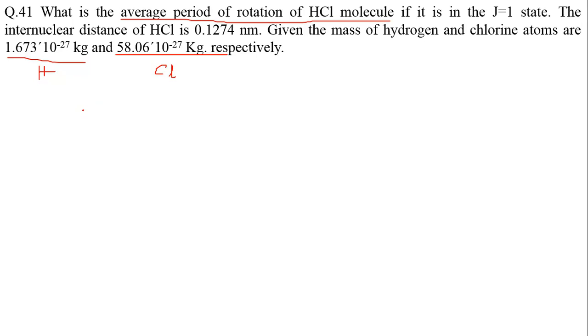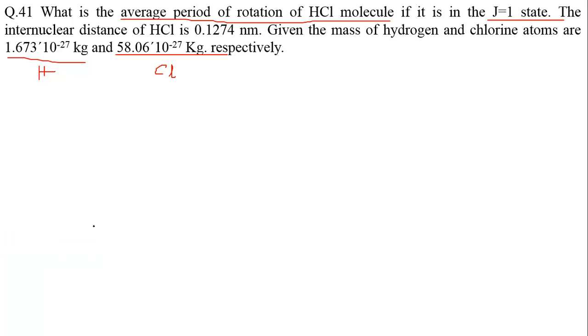First we will calculate the rotational energy for the rotational level J equals to 1, and then by equating it to the rotational energy of half I omega square, we will calculate omega. Omega is the angular frequency, so the average time period will be calculated from omega. So how will we proceed?